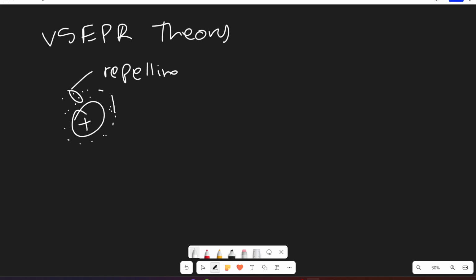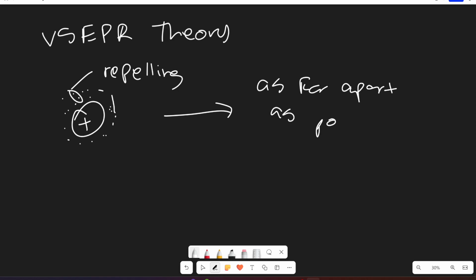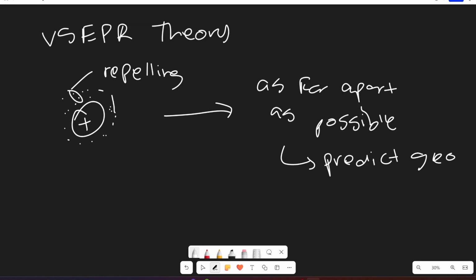There's going to be repulsion. Essentially, the electrons want to be as far apart as possible. So knowing that, we can use that to predict the shape of the molecules, or the geometry. We're predicting the geometry.